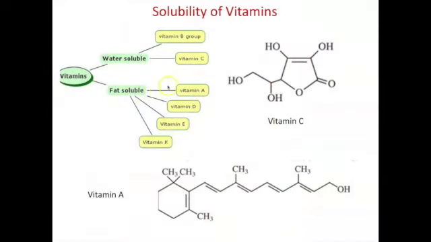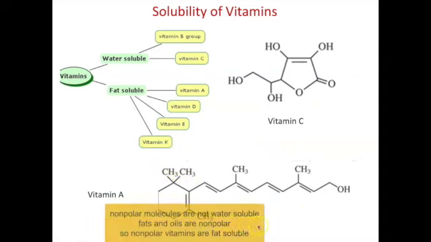These are the class of vitamins that are called fat-soluble. Fat-soluble vitamins are A, D, E, and K. And here's the structure of vitamin A. Vitamin A is mostly nonpolar, which is hydrocarbons. There are a bunch of carbons and hydrogens on this side of the molecule, all of this side. There's only one little part that is the alcohol.